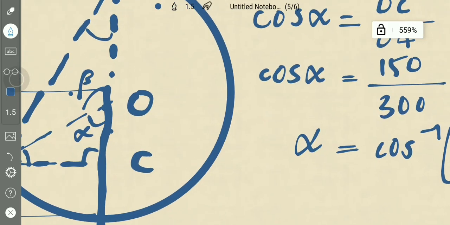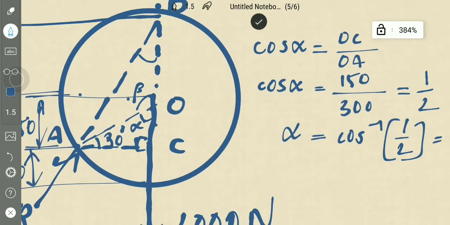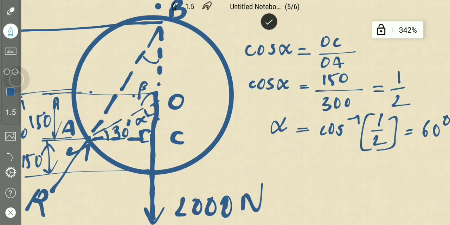If alpha is 60 degrees and this is 90 degrees, this will be 30 degrees. This is 30, this is 90, and alpha is 60. We have found out these angles in this small triangle OAC.